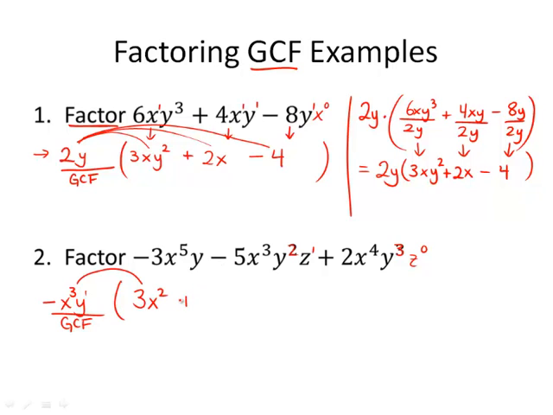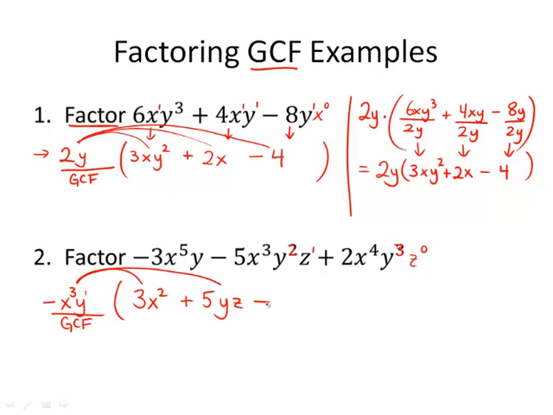Next term will now be positive because we factored out a negative. And the 5 stays. We didn't take out any numbers. The x cubed has been divided out. 1y was divided out. And a z still needs to be there. You can double check by multiplying and it should give it back to you there.